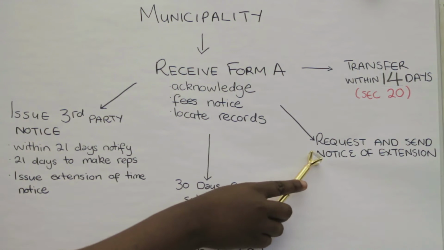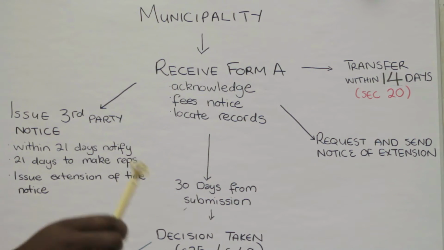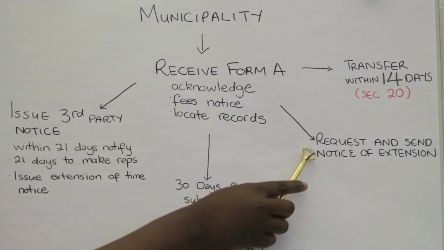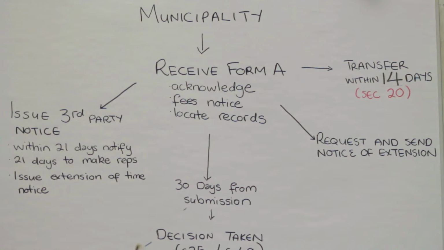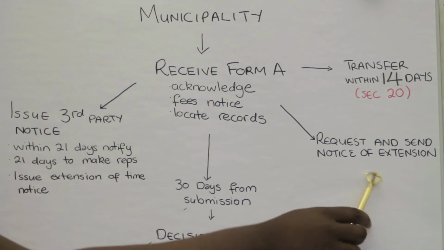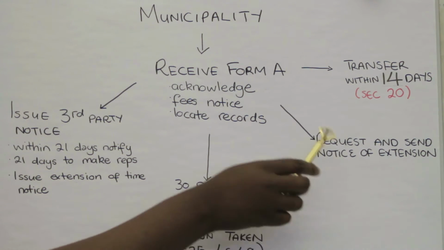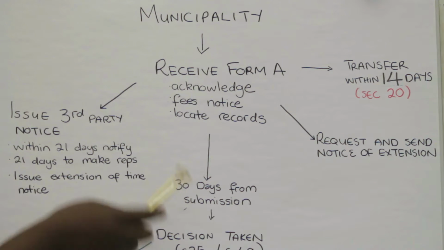This notice of extension must be sent before the 30 days is over from the date of submission and cannot be longer than 30 days after the 30 days of submission expires. Meaning, if an information officer requests an extension of time, then essentially the maximum amount of time they will have to process it is 60 days.